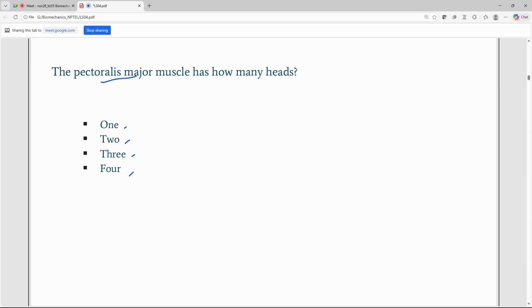Pectoralis major is our chest muscle group. This is the pectoralis muscle, which connects the sternum, the chest bone, with the shoulder components.